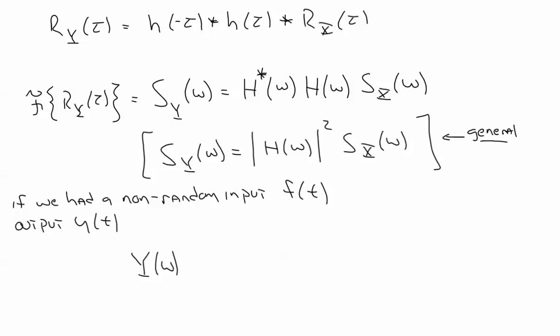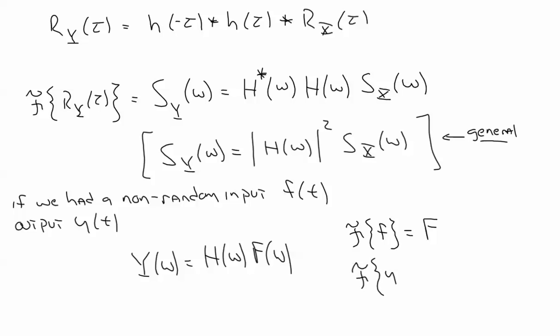Y of omega, which is just the Fourier transform of little y, would be h of omega times f of omega, right? So the Fourier transform of little f equals capital F, and the Fourier transform of little y equals capital Y. All right? So if we have a non-random input, the spectrum of the output is related to the spectrum of the input by multiplication with the system transfer function.